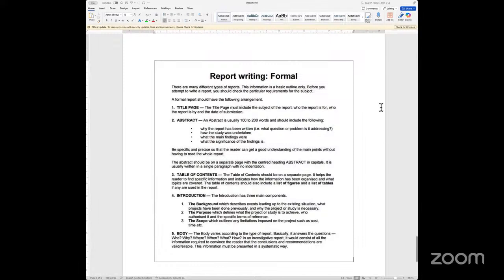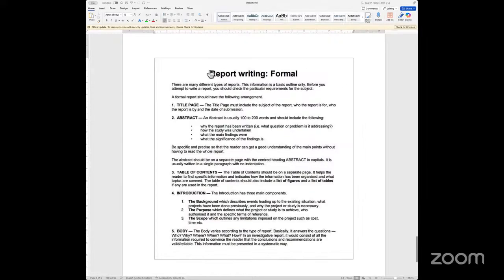Now, visually, there are three things you have to keep in mind. A report will have a headline, an introduction, a body, and then a conclusion or a summary. These are the base three things, or subheadings, you will form in the report. We'll go into the specifics tomorrow when we actually write a report with an example.